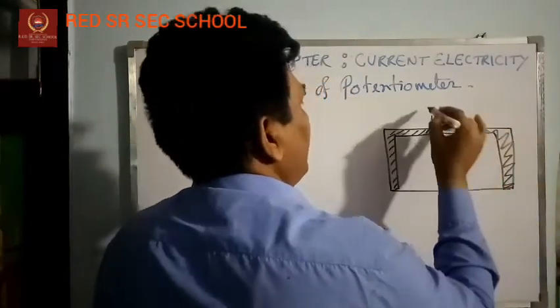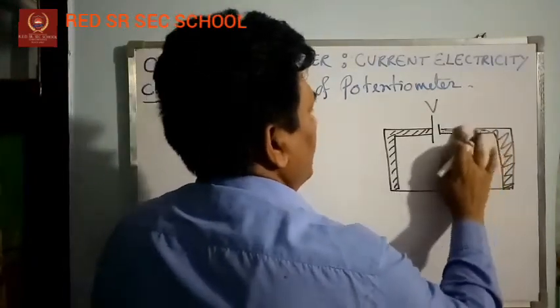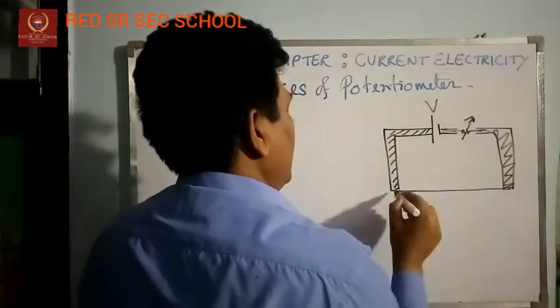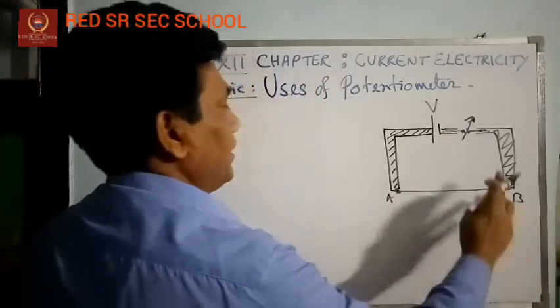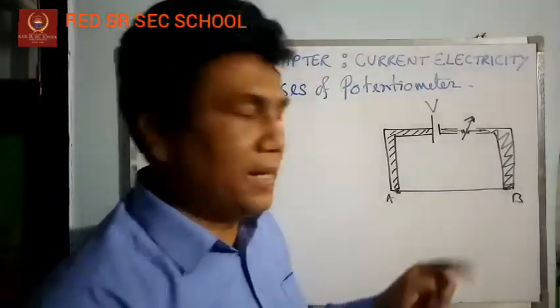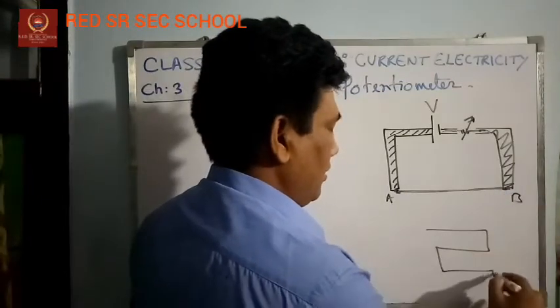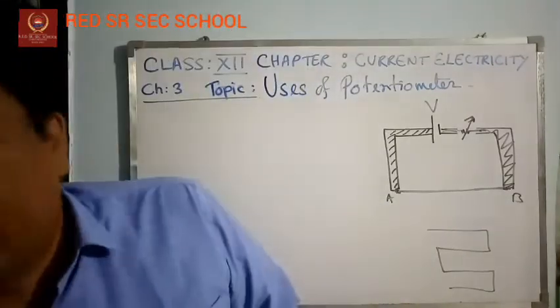This is the basic figure of a potentiometer. If you want, you can put one resistor here. This point is A, this point is B. In real practice, this 4-5 meter wire is kept folded this way to reduce the dimension of the apparatus.